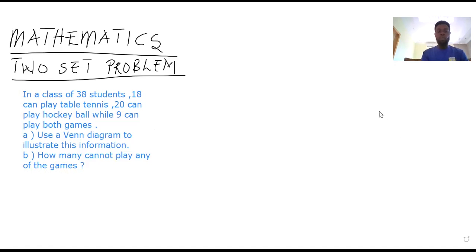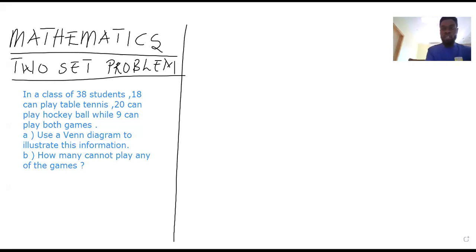So that's the question. In a class of 38 students, 18 can play table tennis, 20 can play hockey, while 9 can play both games. Use a Venn diagram to illustrate this information. How many cannot play any of the games? Again, we need to put down the important facts we're going to represent on the Venn diagram.